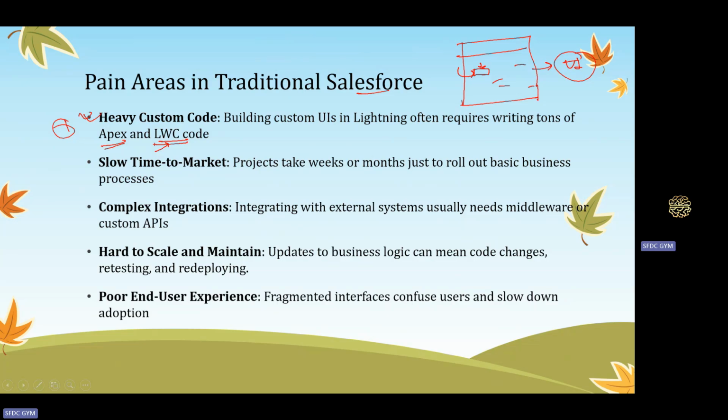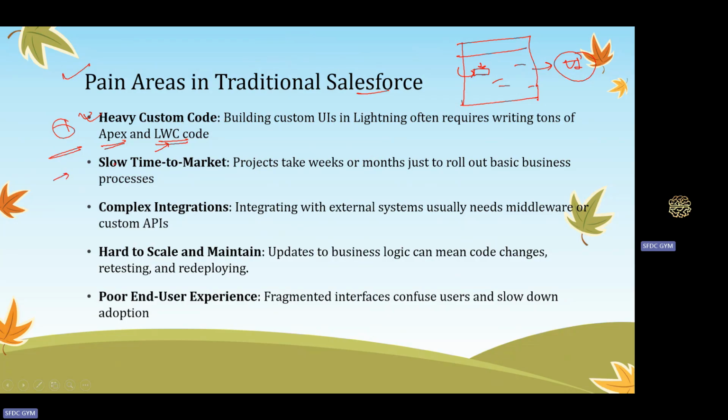So the thing that I wanted to say here is, if you're not happy with what built-in Salesforce offers, you need to do customization, and customization comes at its own cost. What is the cost? The team that you allocate for this work plus the time that you allocate for the team to work. So this comes as a huge cost for an end user or for a business. So this is the first pain area: heavy customization is required for simple tasks.